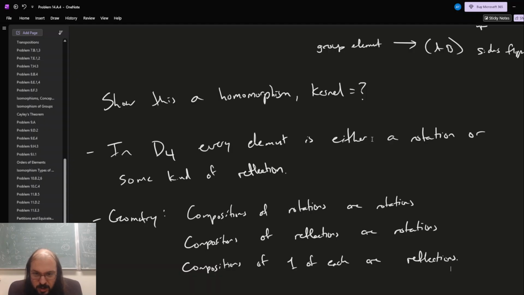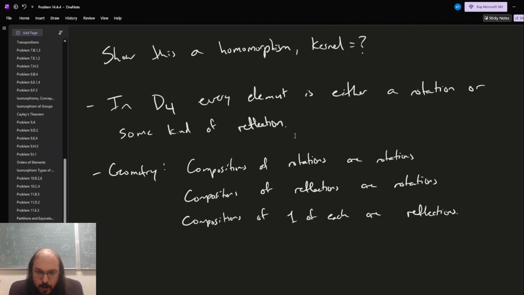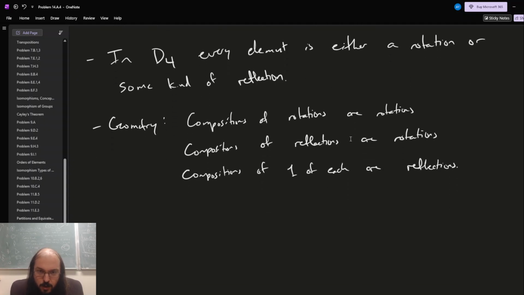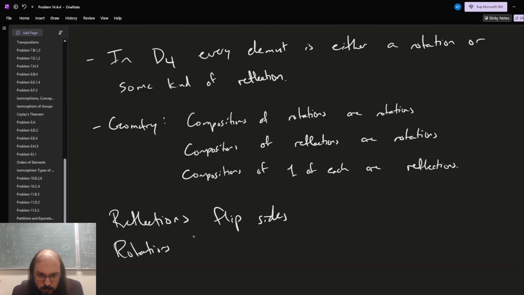Okay, so with this in mind, we are quite close to concluding that this is a homomorphism, because in the process, you have probably also become convinced that the side flip happens exactly when you are a reflection. So reflections flip sides. Rotations just turn the page.